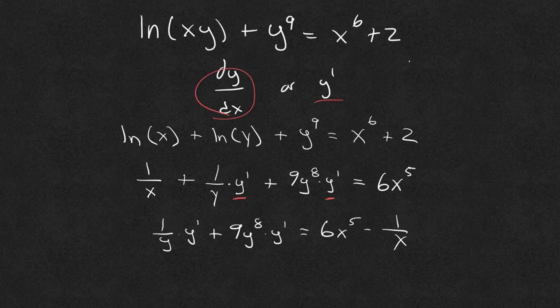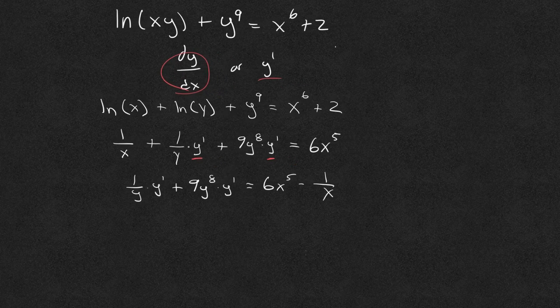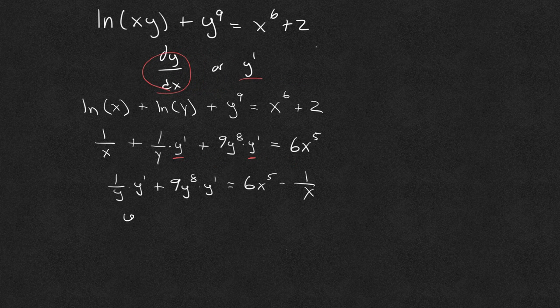I'm going to make this a little smaller just so that we can fit everything on one page. I'm now going to factor out the y prime. I'm left with 1 over y plus 9y to the 8th equals 6x to the 5th minus 1 over x.